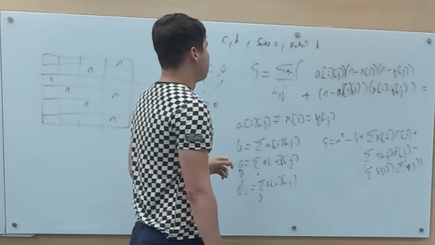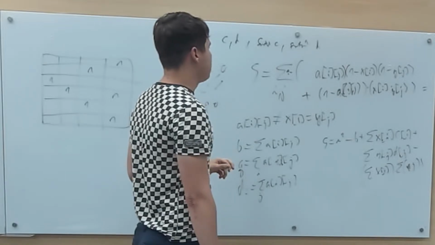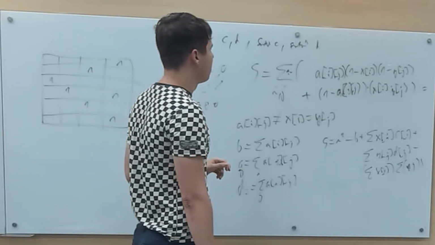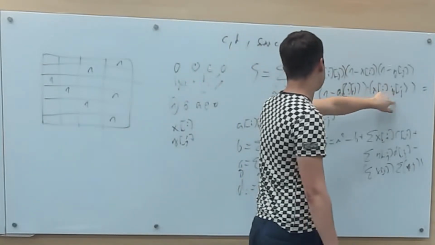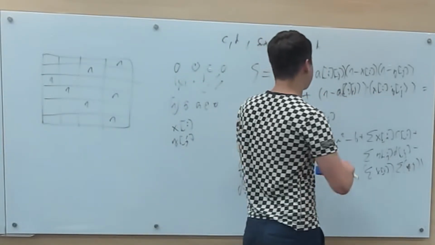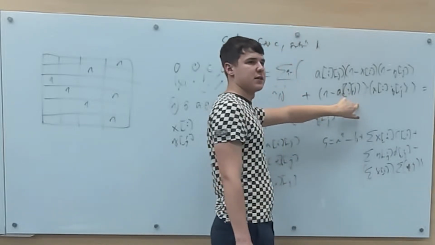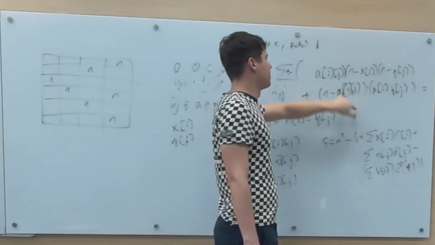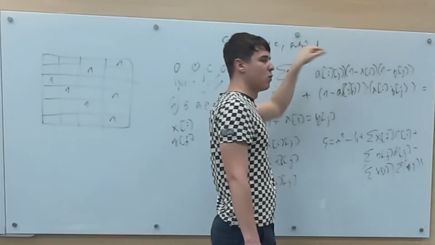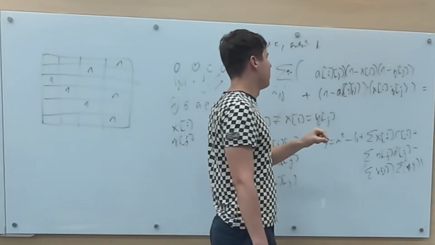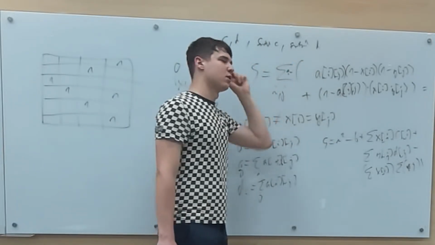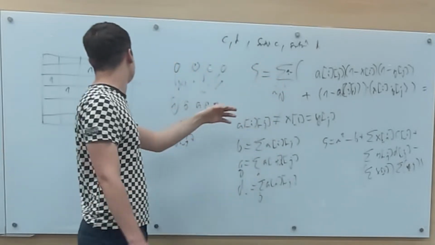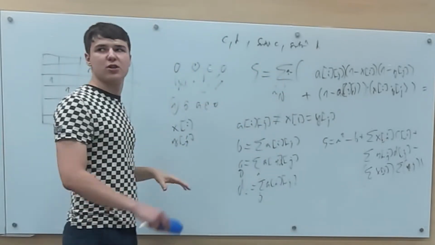And if it's 0, 1, 1, then we subtract 1 here, because this guy is not covered and this zeroes out. And if it's 1, 0, 0, then also we subtract 1, because this guy is not covered. So this expression just writes this summation.